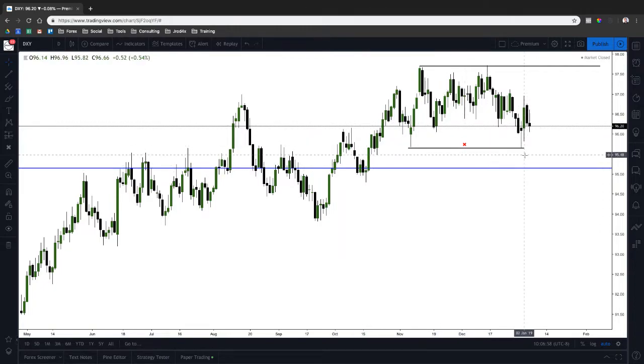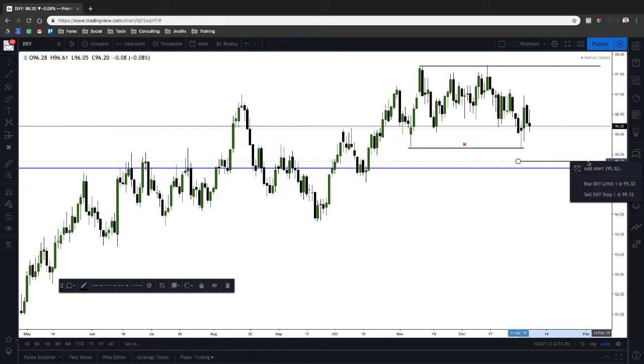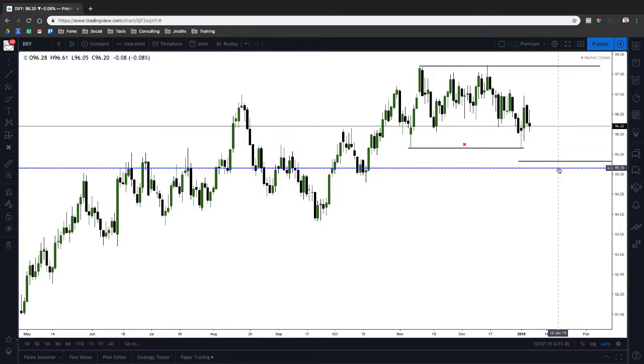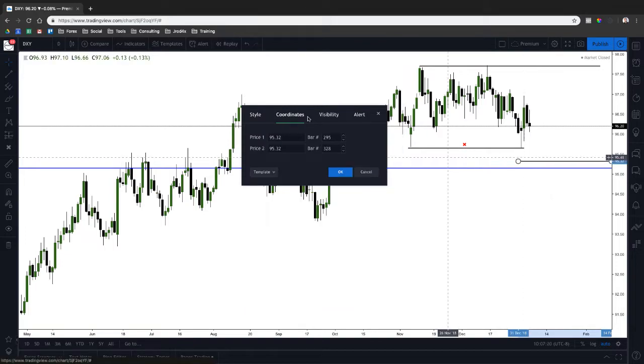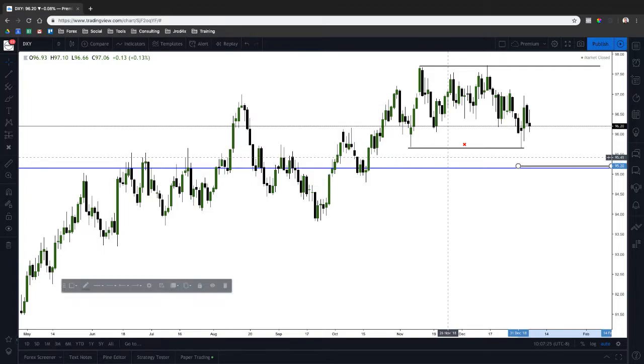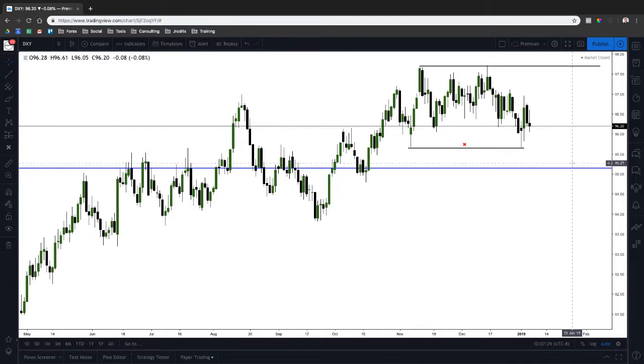So if we do trade lower, they could definitely come back and retest this 95.15 and 95.20 level, which we can also put a line at 95.20 because that's the next level right above 95.15. The next 5 level, actually that doesn't look good. We're just going to take that off. So just have in your notes 95.20 to 95.15.